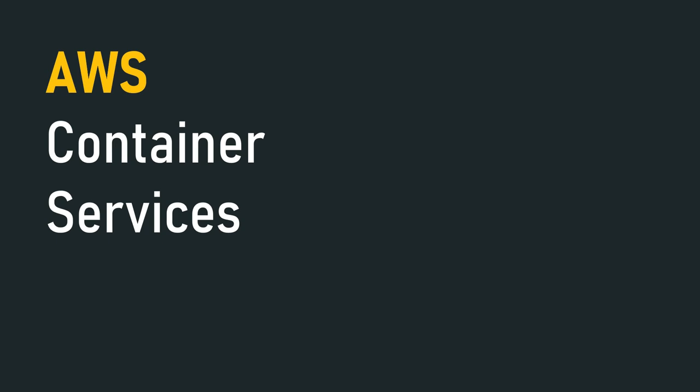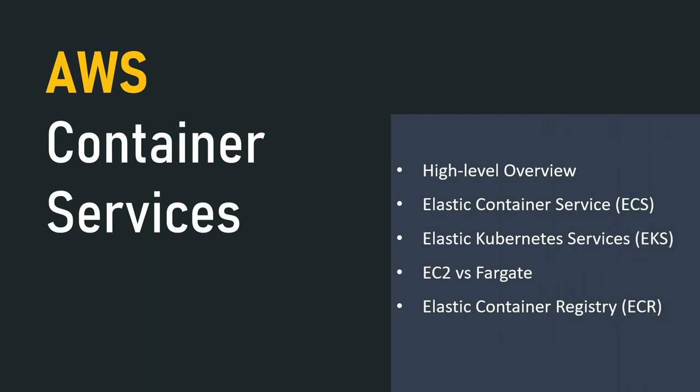If you want to run a containerized application on AWS, you have multiple options to choose from depending on your application requirement. So, we will go through all these options one by one. We will see what ECS, Elastic Container Service, is and what it is used for.